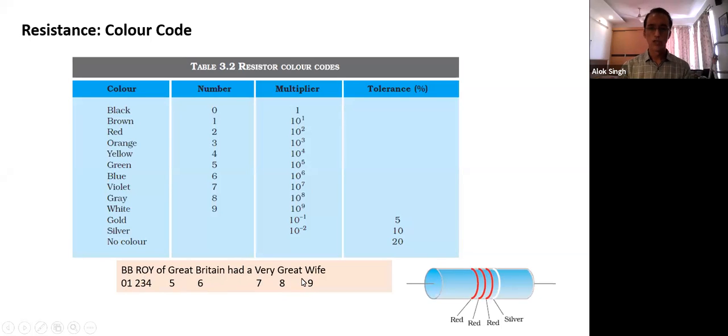If I remember this and write these numbers like this, for any color I read, say I see violet color, very easily I can read that violet stands for the number 7, or as a multiplier, for 10 to the power 7. I hope all of you understood how this mnemonic can be used to identify the number corresponding to a particular color.